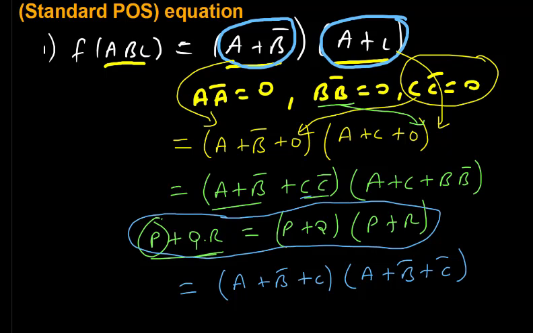So C and C bar are divided here. Then next we do the same thing here with B bar. So what we are left with, as a continuation, is A or C or B, and here we have A or C or B bar. So this is what we have.